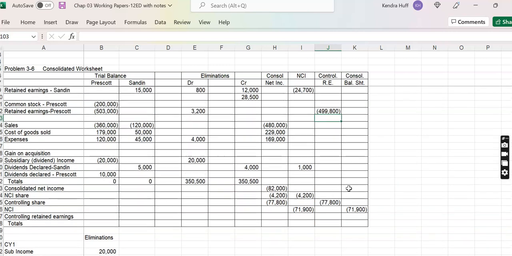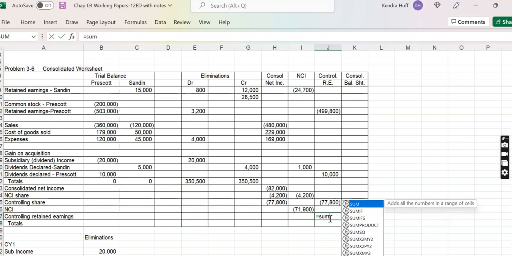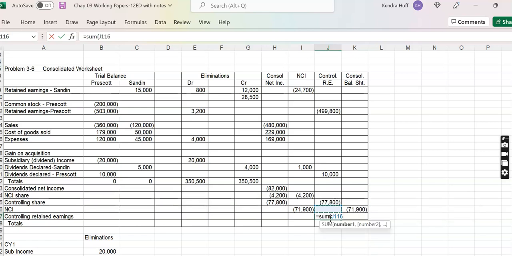And then did they pay any dividends? Yes, this 10 needs to come on over. Just there.